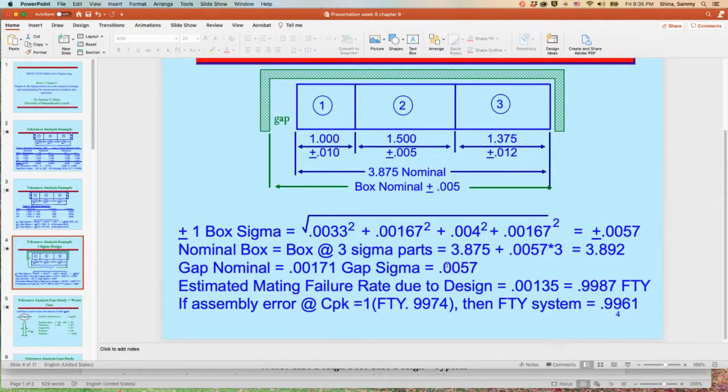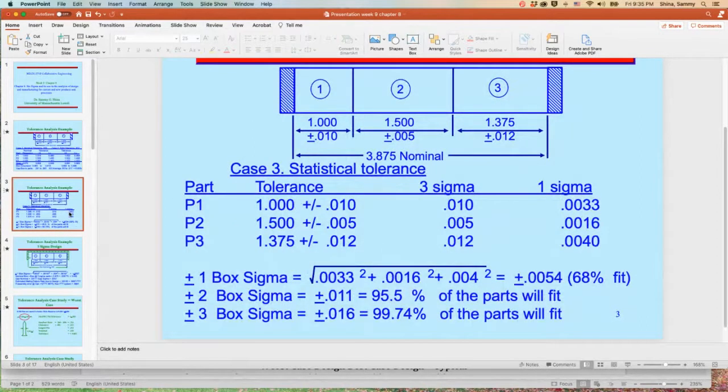Now, one more thing you could do in this particular instance: in this case, we divided up the spec into 3 to get the 3 sigma, got the system sigma, and then multiplied by 3. Well, you can take away the division and the multiplication.